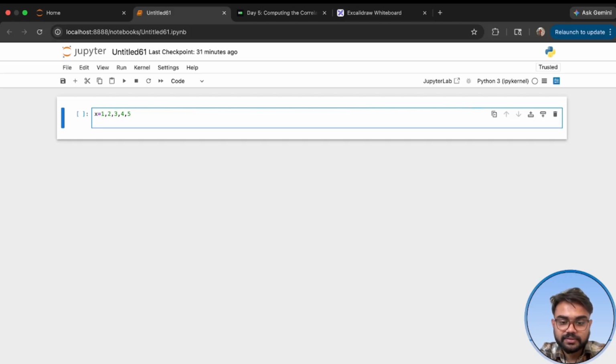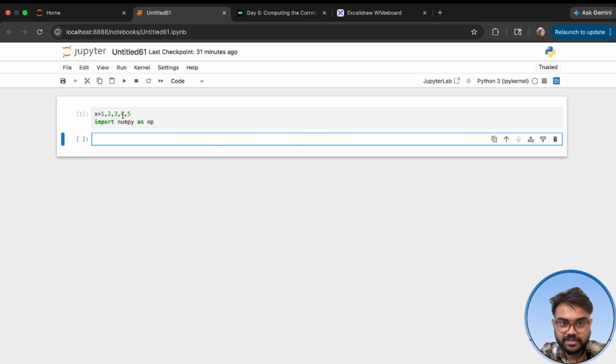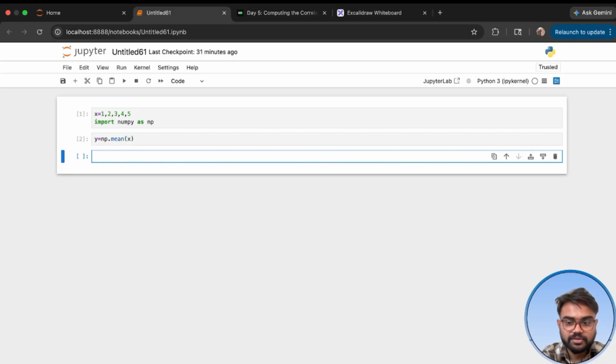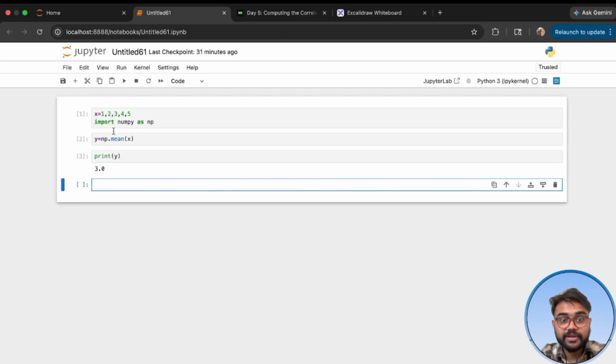Here we are going to first import the numpy library, numerical Python, for mathematical functions and arrays, and np is the alias. If someone asks you for the mean of this x, you define np.mean, pass x, and print y.